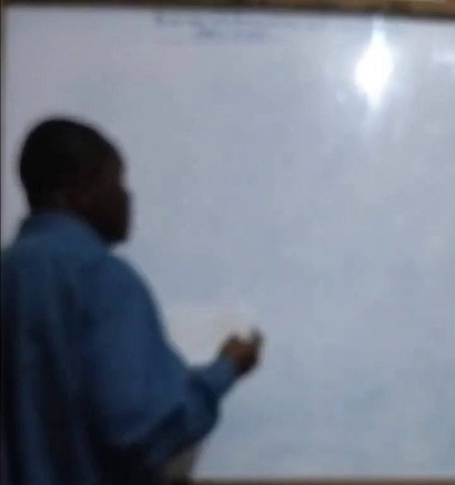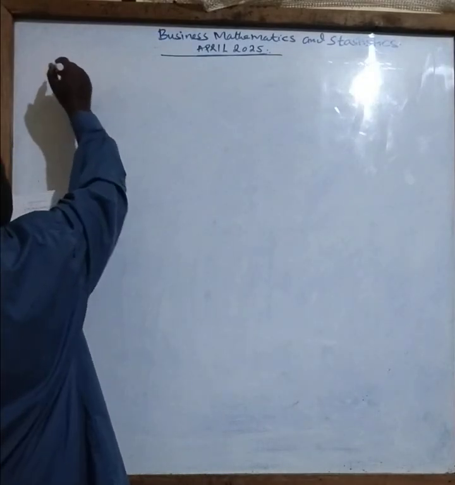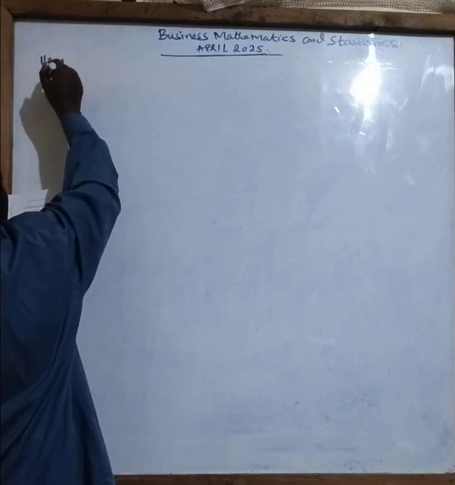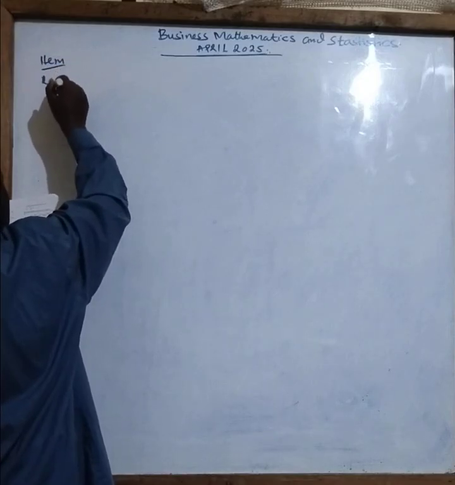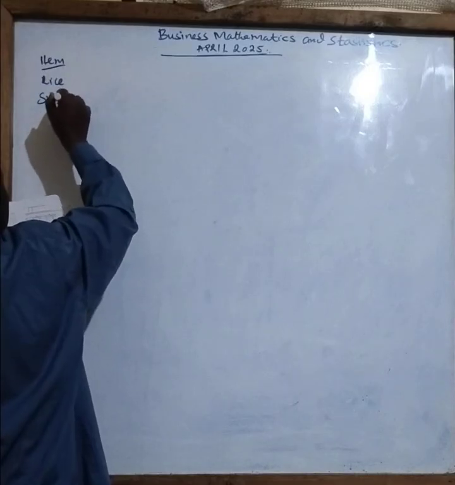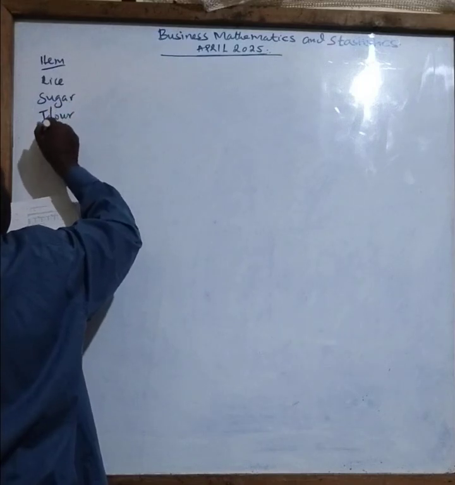So we need first of all to get the table as it is. The table given there has the item: rice, sugar, flour, beans.